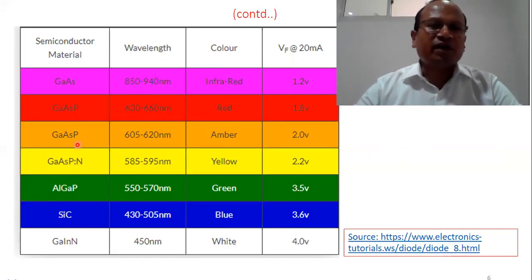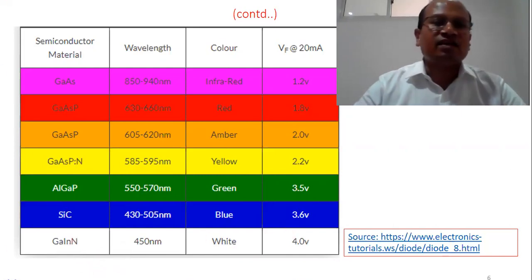Gallium arsenide phosphide, 605 to 620, amber is the color. Gallium arsenide phosphide nitride, yellow color, 2.2 volt. Aluminum gallium phosphide, green color, 3.5 volt. Silicon carbide, 3.6 volt, blue color. Gallium indium nitride, white color, 450 nanometer and 4 volt.